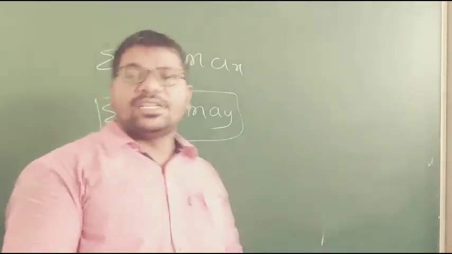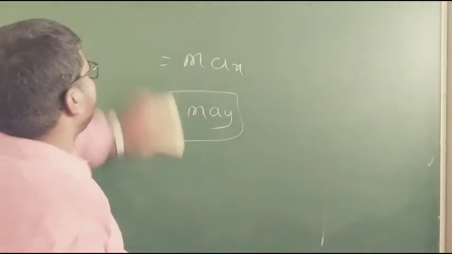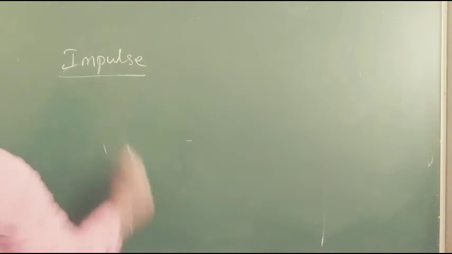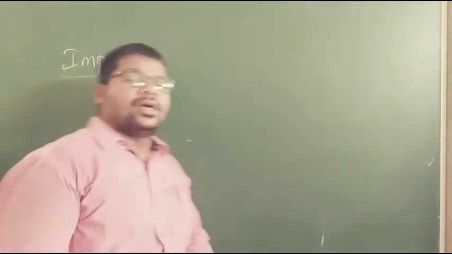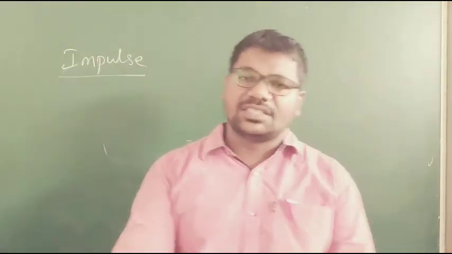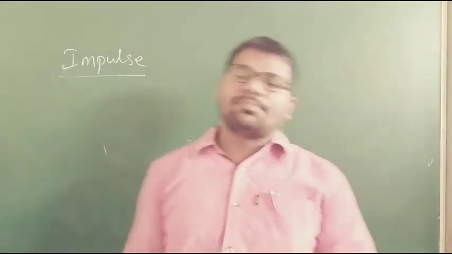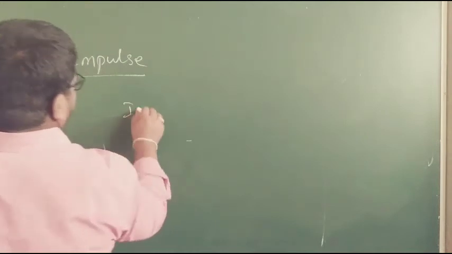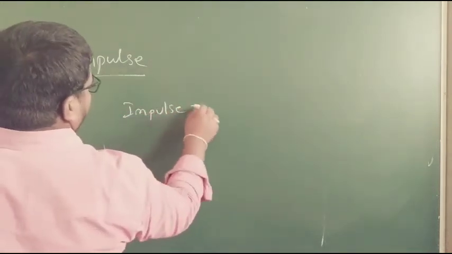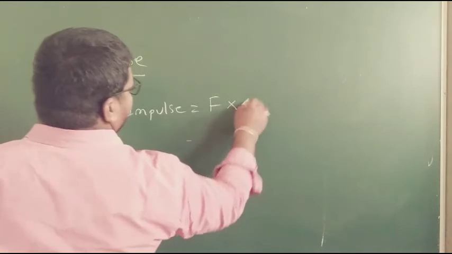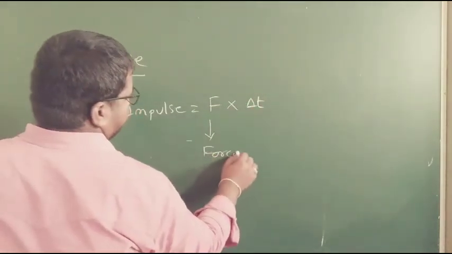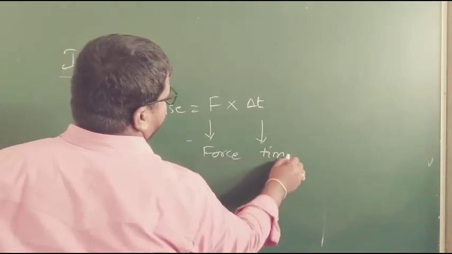Next, impulse. It is a vector quantity, my children. A large force applied for a small interval of time. Impulse is force into delta t, where delta t is the time.